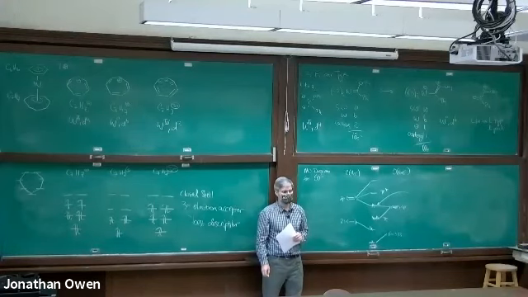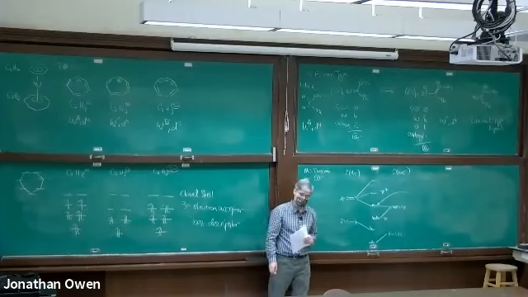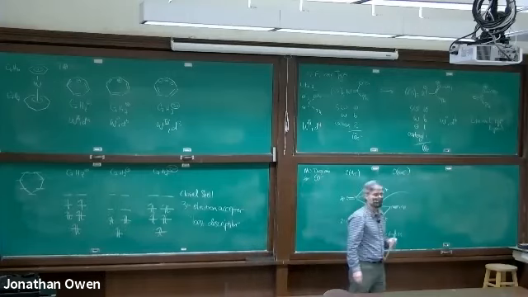Let me ask you a different question. Forget about the MO diagram for a second. If I handed you a carbon monoxide and I said, what is the highest energy electron pair on this molecule? What would you say? Well, it's the carbon lone pair, okay?